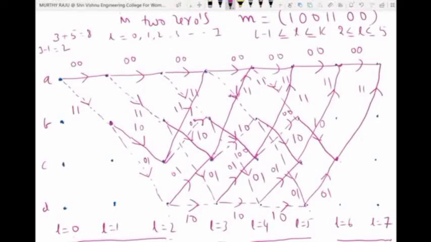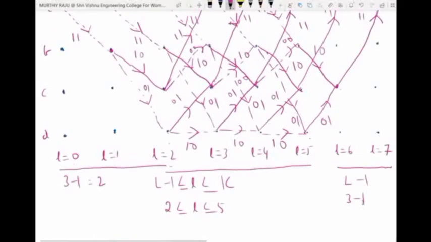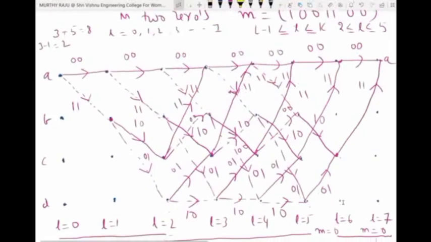Come back to the original state of the convolutional encoder, that is A. Here from L5 to L6, and L6 to L7, consider M value is 0.